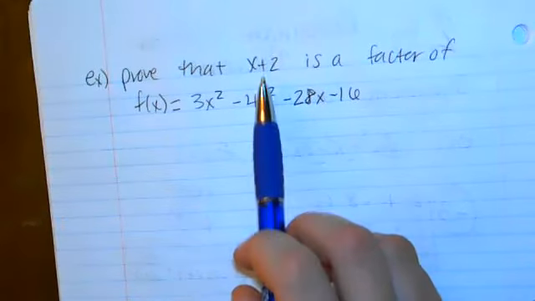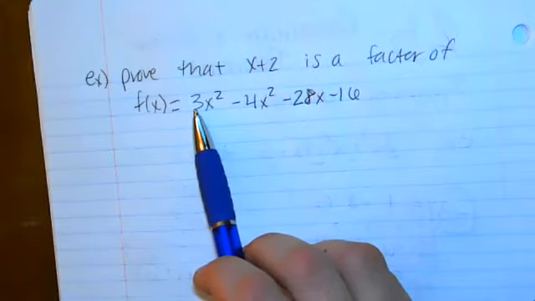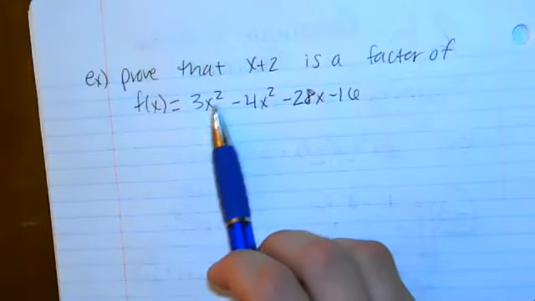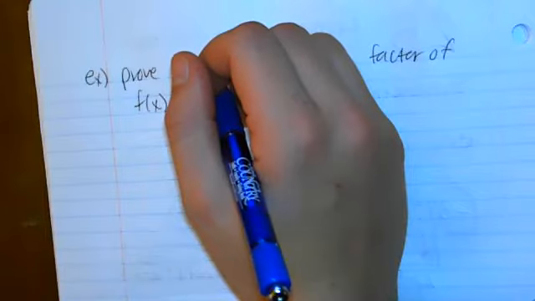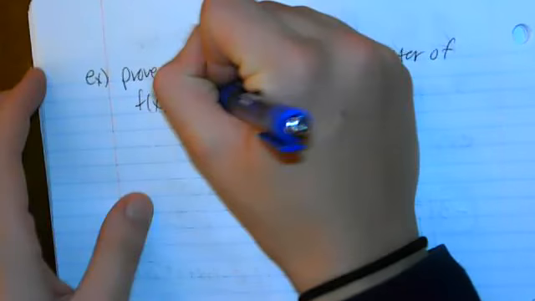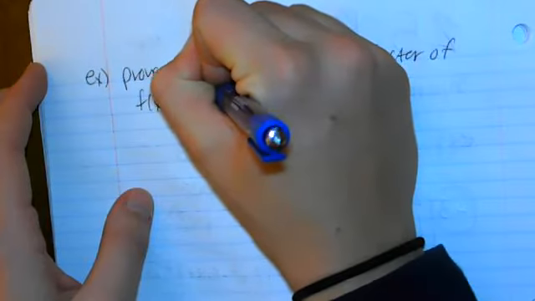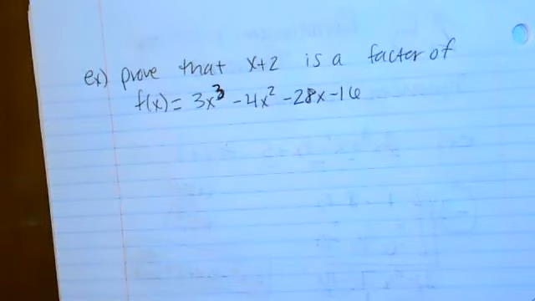I want you to prove that x plus 2 is a factor of f of x equals 3x cubed minus 4x squared minus 28x minus 16.